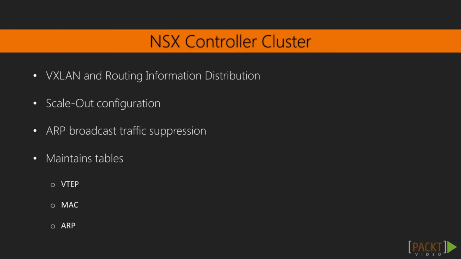So we use multiple instances for performance and, more important, for availability. It is used for our broadcast traffic suppression. We'll take a closer look into this one a little bit later. And it maintains tables for VTAP, MAC, and ARP. These tables are used to answer questions from the VTAPs if they need to know which virtual machine is behind which VTAP, or whether you have the MAC address of a specific virtual machine.